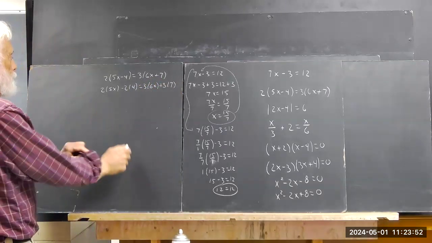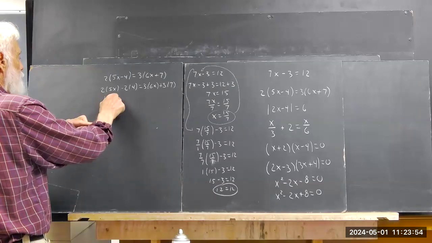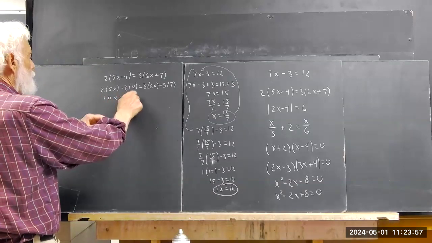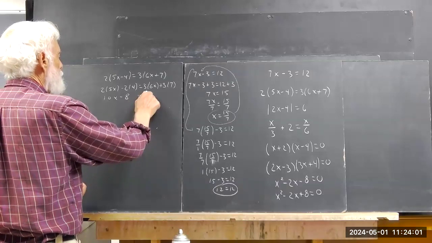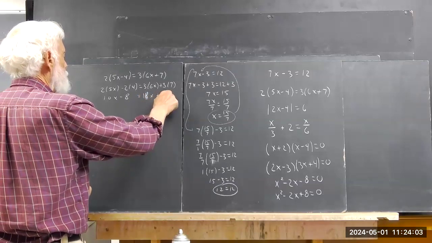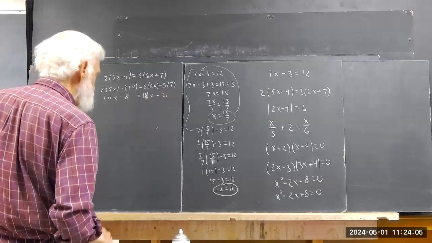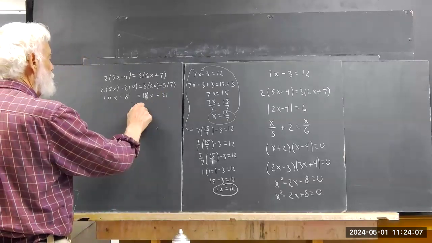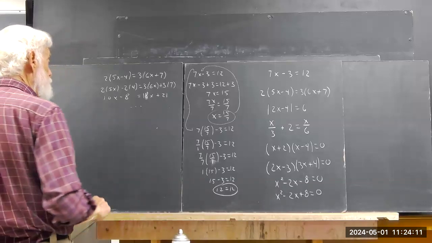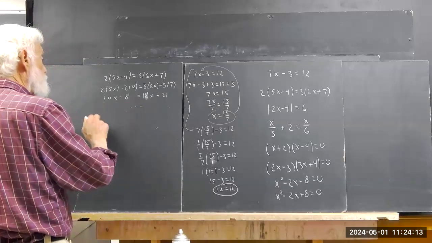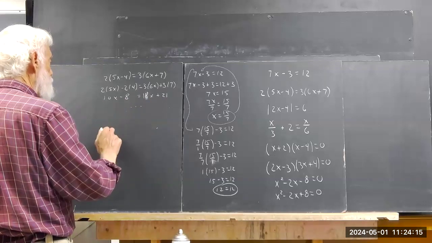And then what's 2 times 5x? Well, that's 10x. That's 8. This is 18x. And this is 21. And you do the steps that everybody knows how to do. You subtract 18x from both sides. You add 8 to both sides.